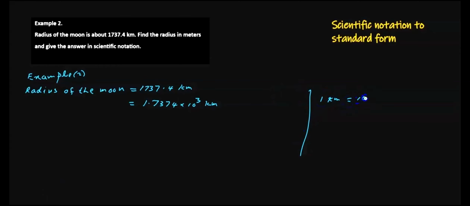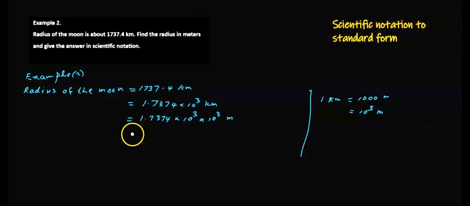1 kilometer is equal to 1,000 meters. That is 10 to the power 3 meters. Radius in meters equals 1.7374 into 10 to the power 3 into 10 to the power 3 meters.